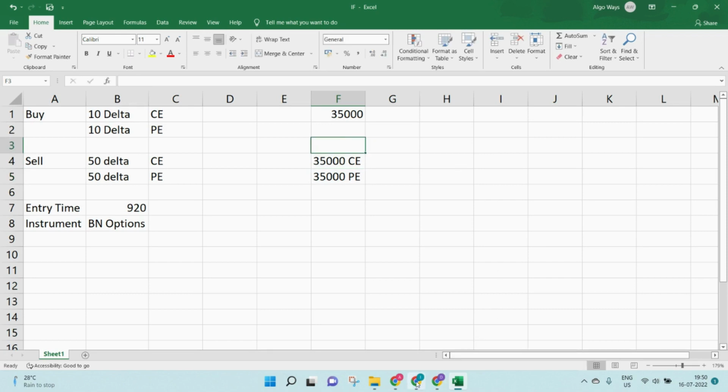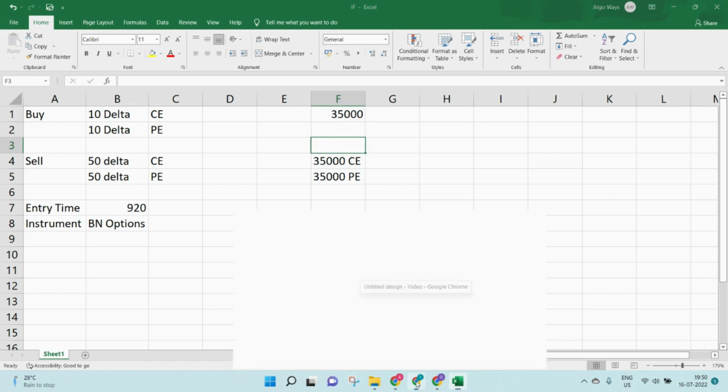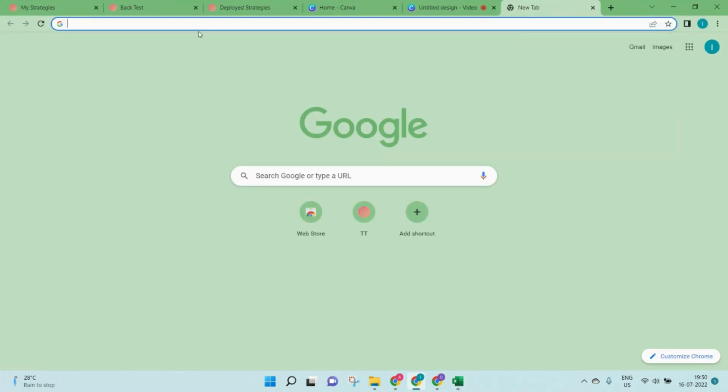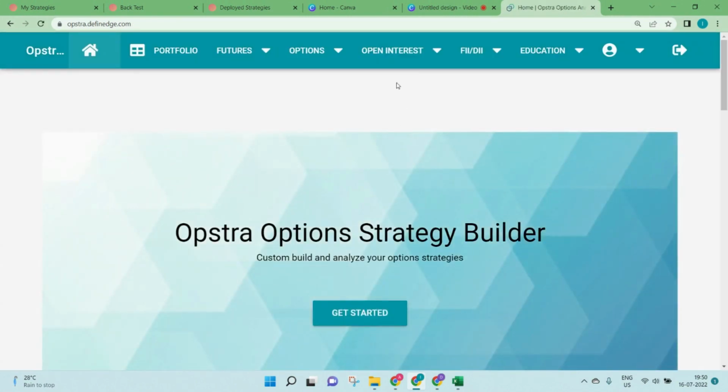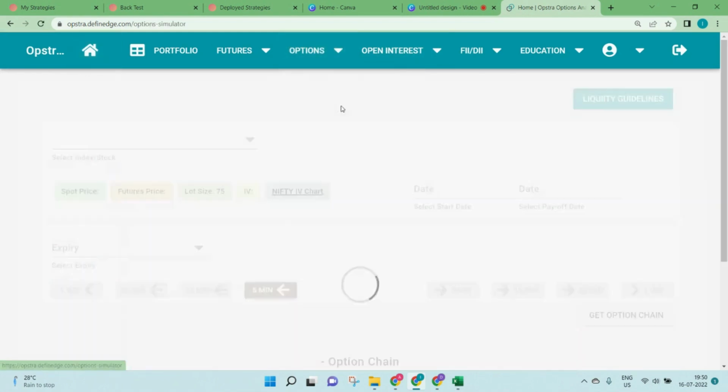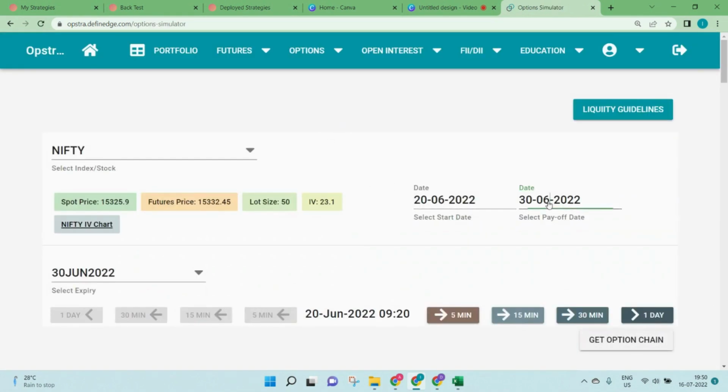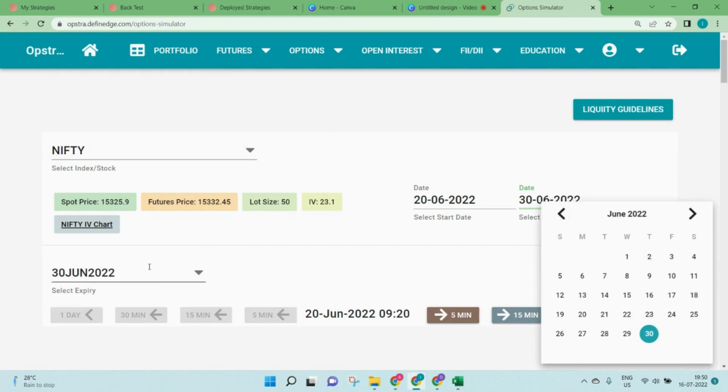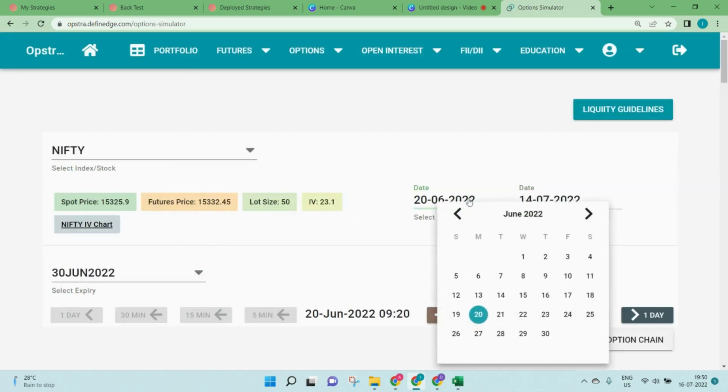Let me just check how much it is. Let us take the current example. The latest expiry available is the 14th, so let me go to the most recent expiry. Let us take a day just before the expiry, say Wednesday. The 14th was expiry, so the 13th was Wednesday.